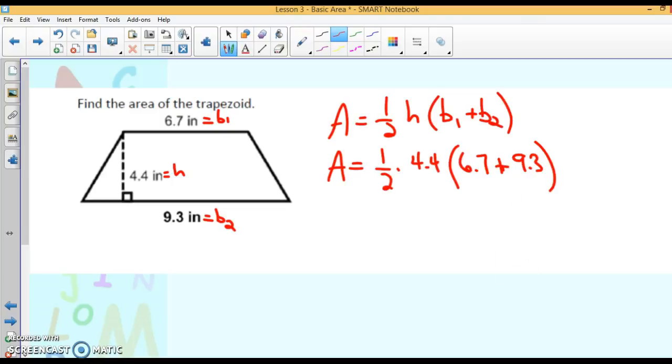Now, if you are using a calculator, you can type it in exactly as it is, including the parentheses. If you are doing it by hand, you need to follow order of operations. So I need to do what's in parentheses first.